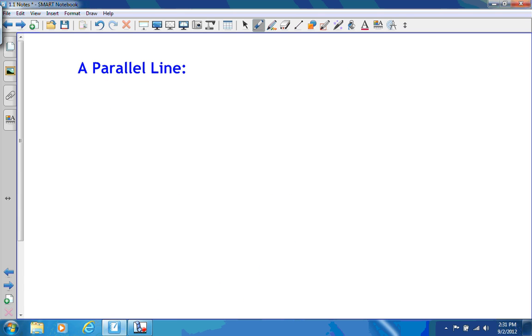Finally, for lines, we can have them be dealing with 2 lines. They can be parallel to each other. And with parallel lines, they have the same slope.